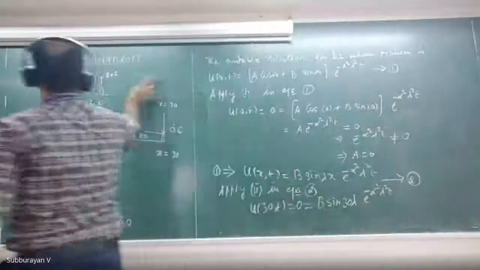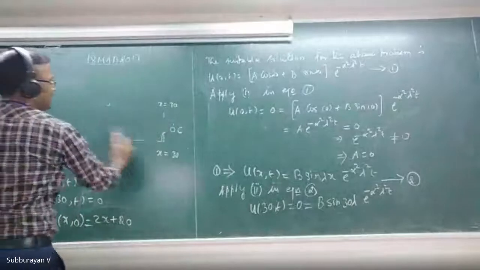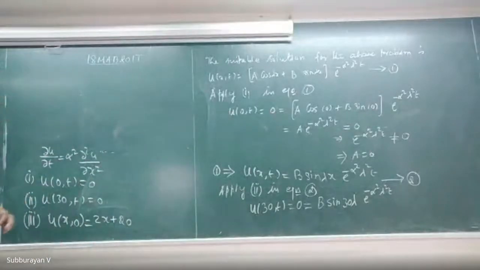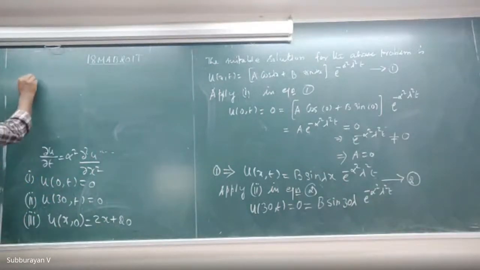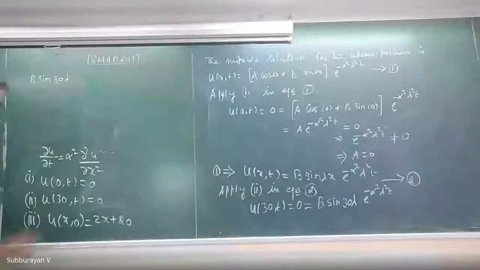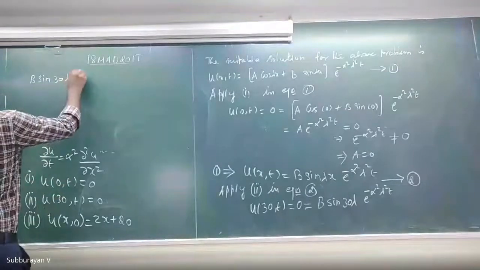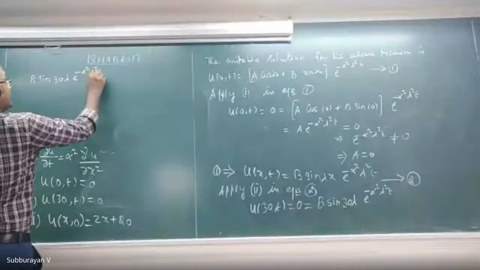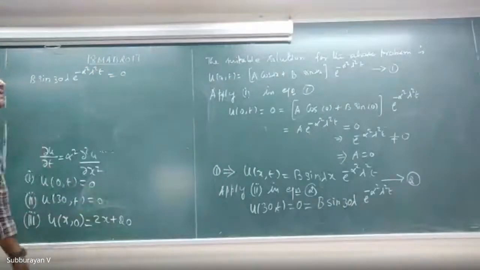Now b into sine 30 lambda into e power minus alpha square lambda square into t is equal to 0.